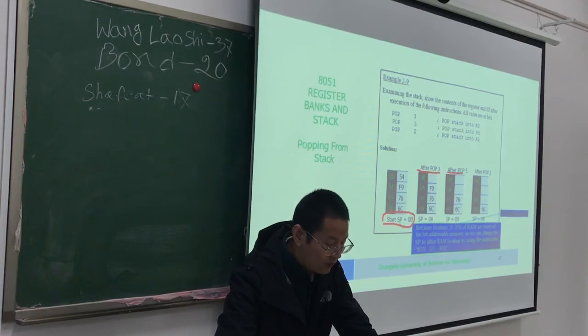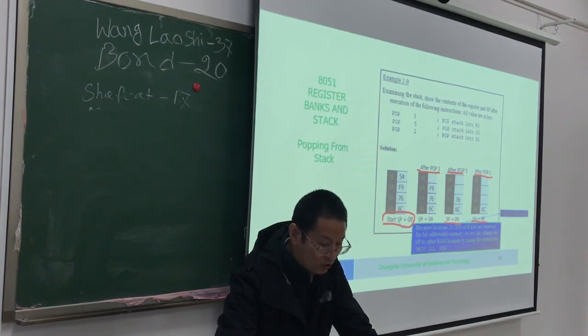After pop again, the SP is equal to 09. As the same, after pop 2, SP is decremented by 1.